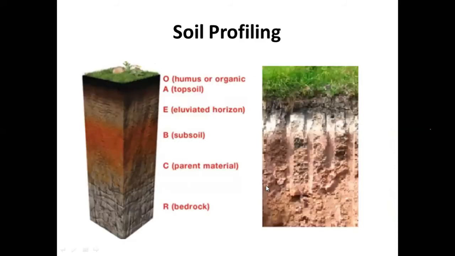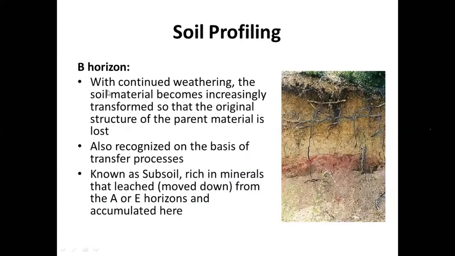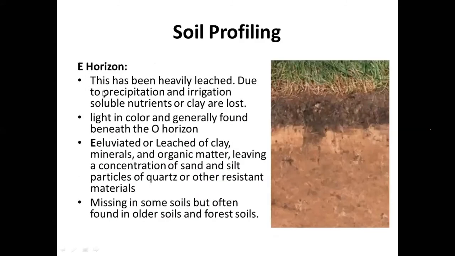If we compare this with the E horizon, the E horizon is heavily leached. That means something is lost from this horizon. That means this is eluviated or leached of clay, minerals and organic matter, leaving a concentration of sand and silt. So sand and silt cannot go downwards, so they sit in this horizon, but clay will be lost.